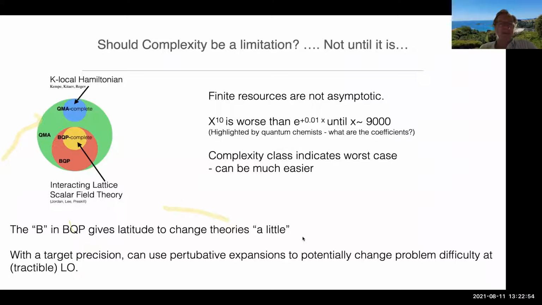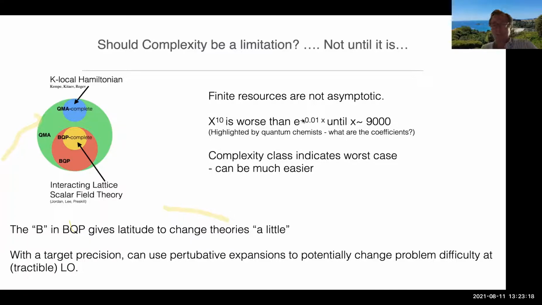In the near term, or for the foreseeable future, the resources that we will have available to us for quantum simulation are not close to asymptotic. And a high order polynomial is worse, when it comes to a practical simulation implementation, than something with an exponential with an argument that's a small number.